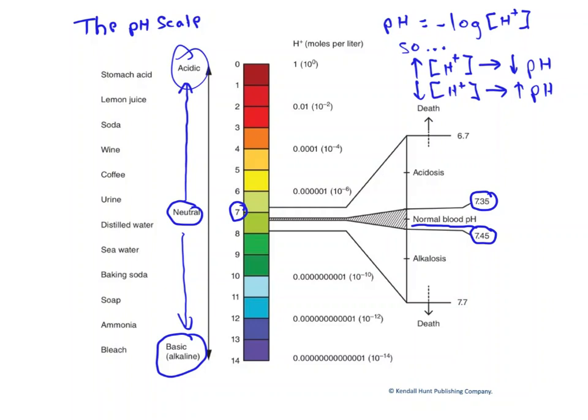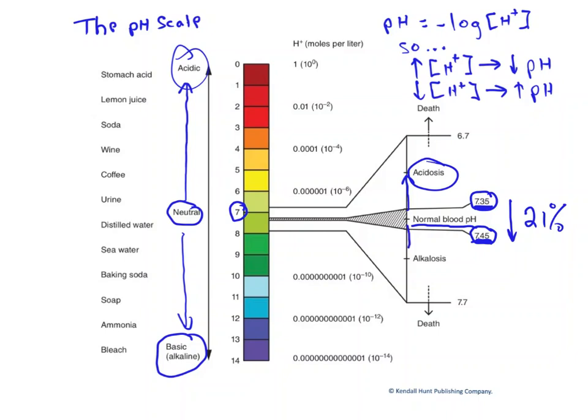Because if you calculate the proton concentration that corresponds with pH 7.35 and compare it with the proton concentration that corresponds with pH 7.45, there's a decrease of 21%. That is pretty substantial. Now, if blood pH drops significantly below 7.35, we say that the patient has acidosis.